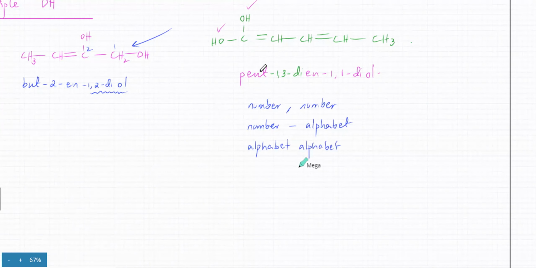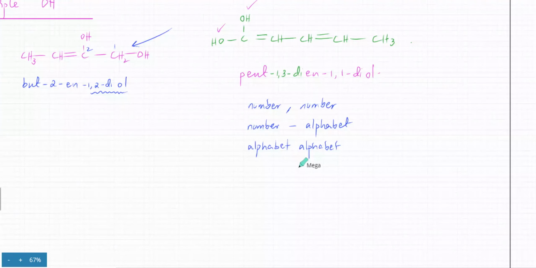Like P, E, N, T, they should be together, with nothing coming in between. Di and ene should be together. Di and ol should be together. No spaces. But whenever you see a number and an alphabet, there has to be a dash between them. And if there's a number followed by another number, there has to be a comma between them.